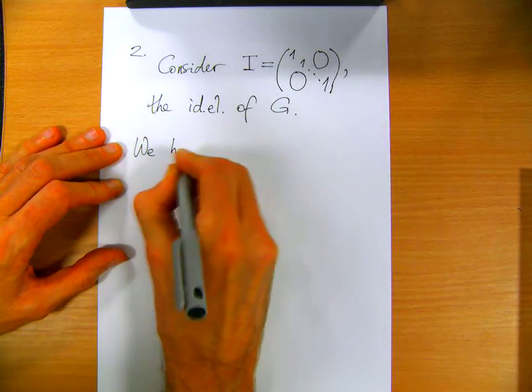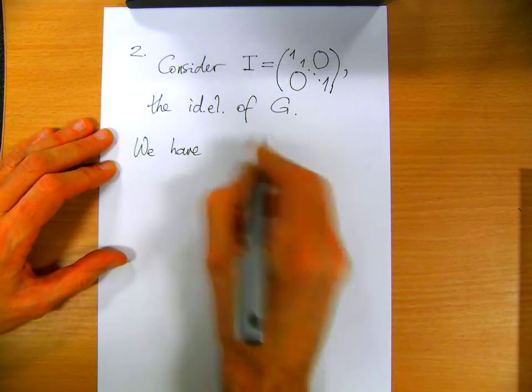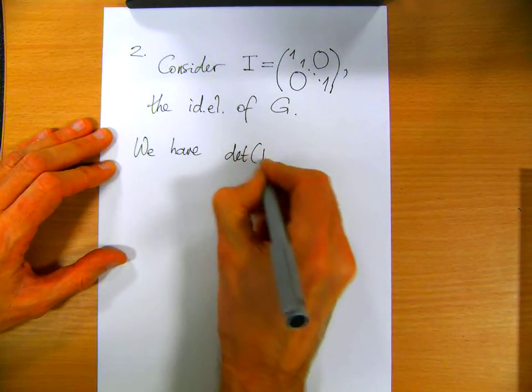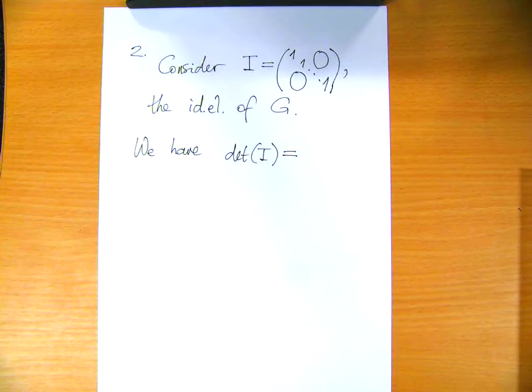So let's check that this is also in big H. How do we check that it's in big H? We compute its determinant. And we're just using facts that we know about matrices. The determinant of this matrix is 1.